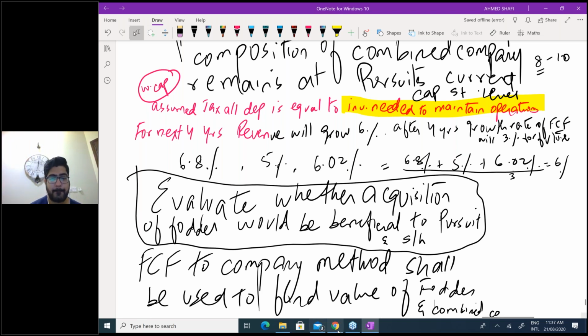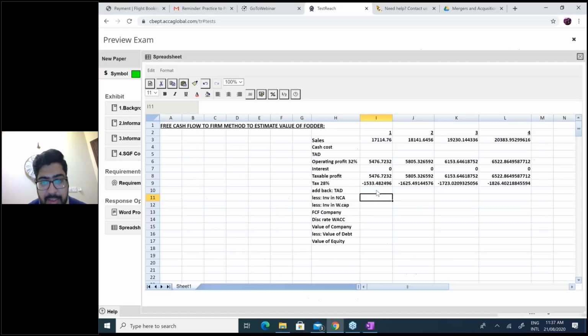So that's why TAD is added here and investment in working capital is subtracted here. It would offset. So you can write nil, nil, and deduct nil, nil.